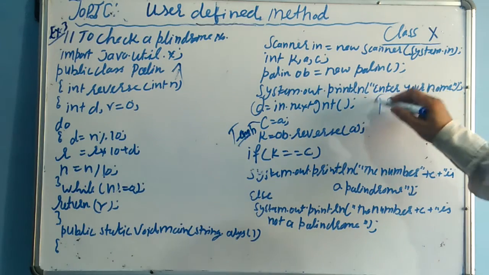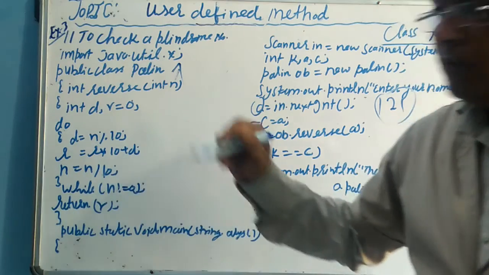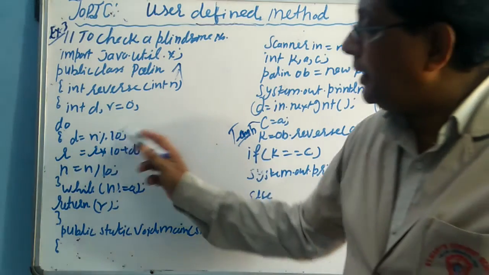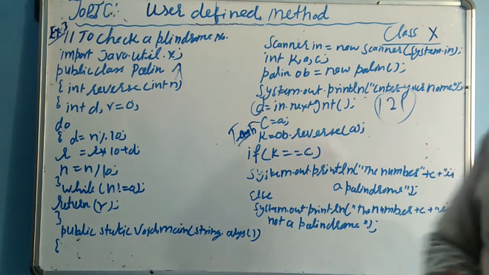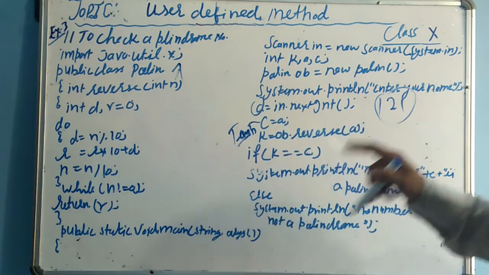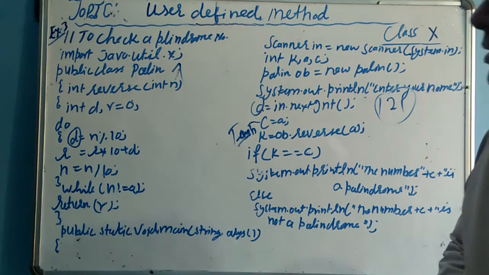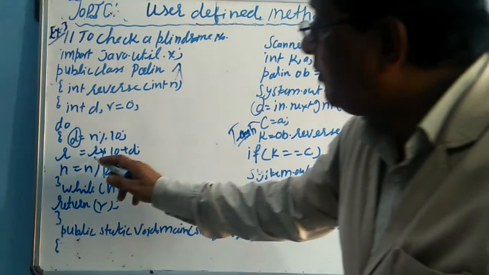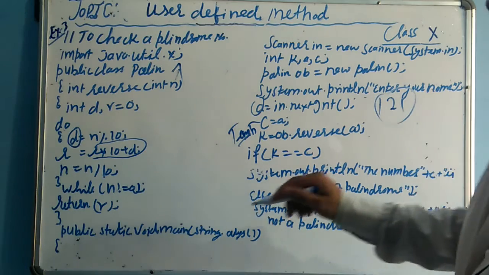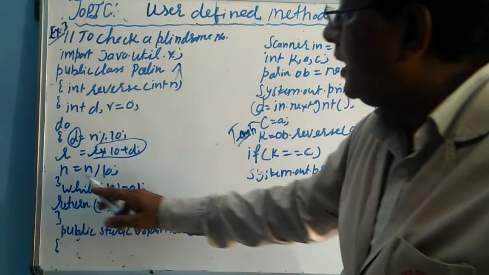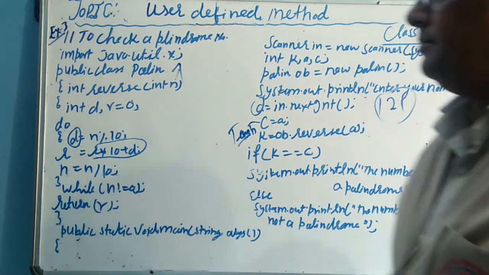So the value is 121. You will divide 121 and take modulo 10. I have already explained, when you calculate the d value, after that you have to store the reverse value, till n is equal to n by 10.